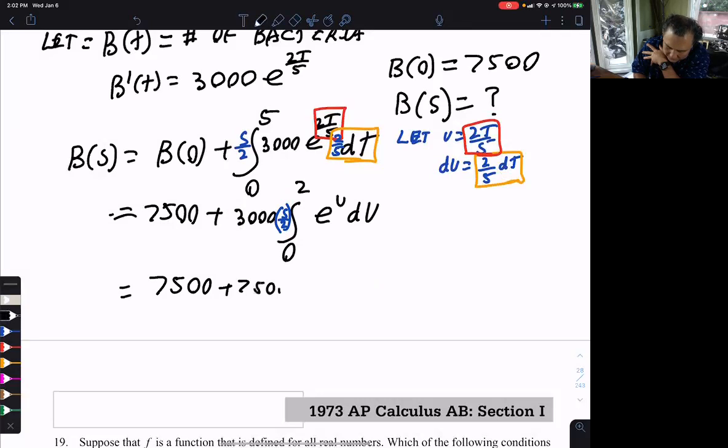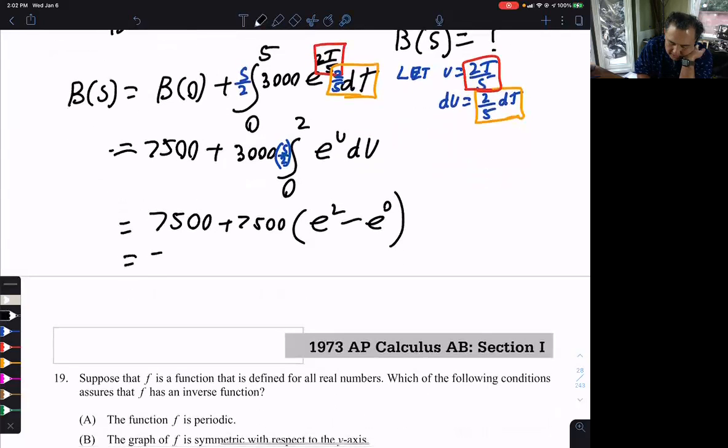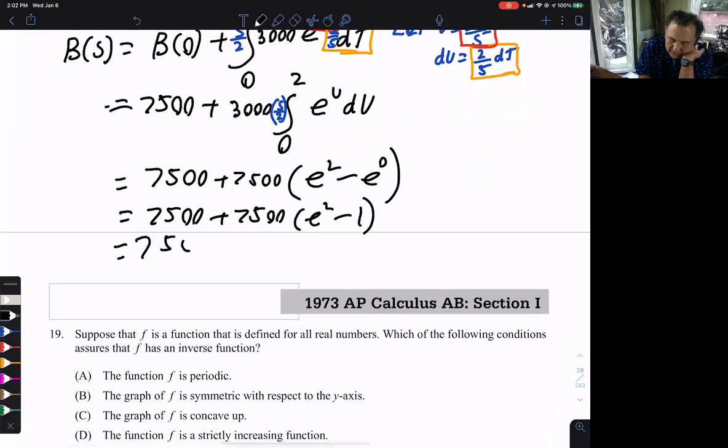I think that's 7,500. Times, I plug in 2, e squared, I plug in 0, and I get that, which is 7,500 plus 7,500 times e squared minus 1, which is 7,500 plus 7,500 e squared minus 7,500 because I distribute that.